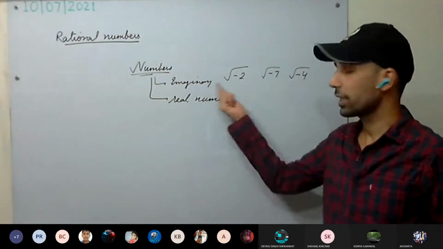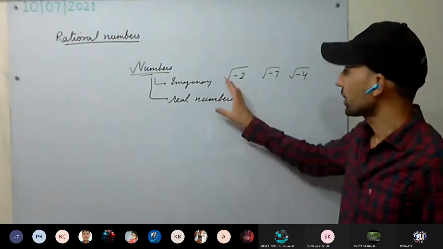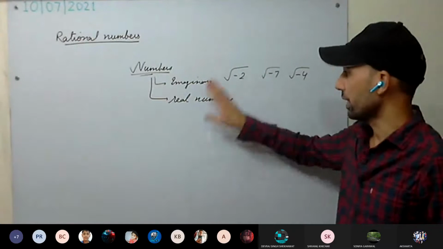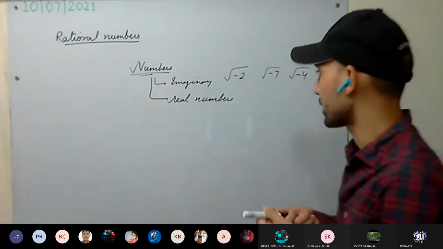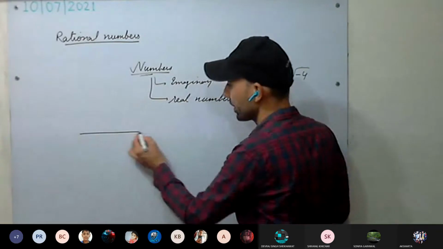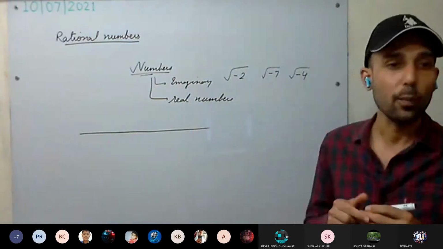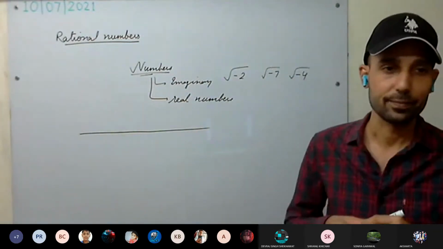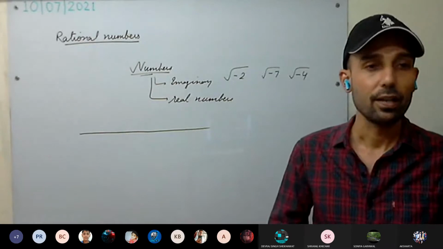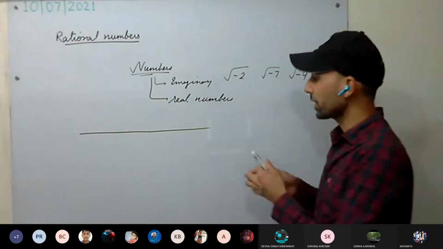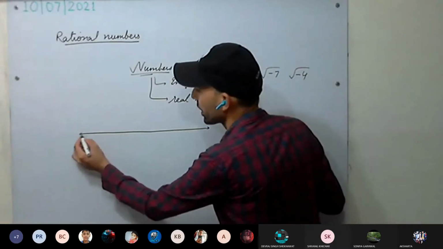Imaginary numbers do not exist; we will study how to deal with them in higher classes. Leave that. Real numbers exist in nature. If I draw a straight line, how many points are there on this line? Infinite.